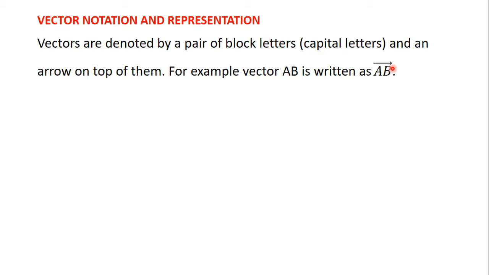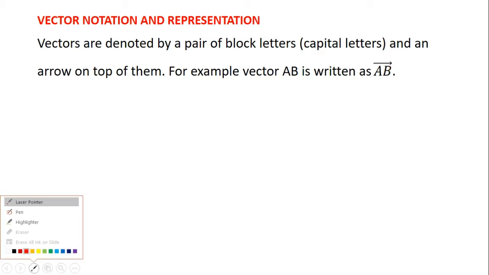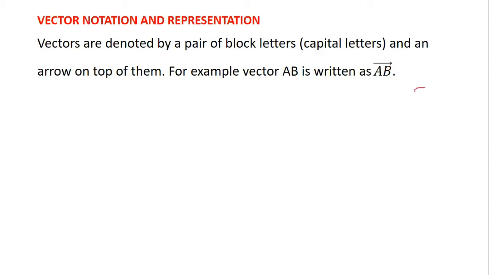In the same way, vector CD will be written as C, then D with an arrow on top of it pointing this way.